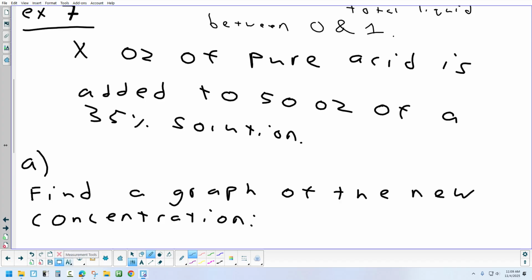They want us to find a graph of the new concentration. Now, we're going to be adding x ounces. That's how much acid we're going to pour in. So there's no limit. You could pour in 1,000 ounces if you wanted.